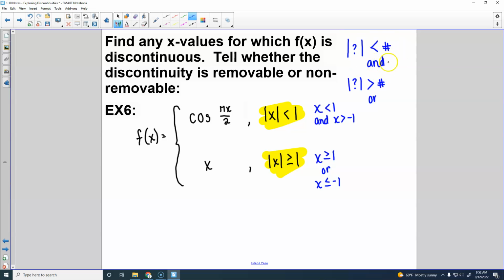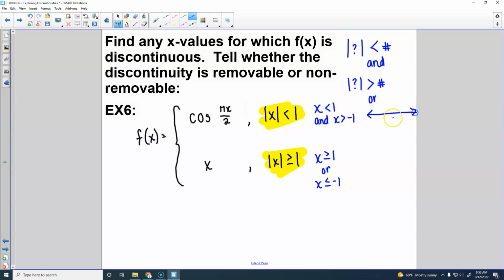When I used to teach these, I would say that less than sounds a little like "and." Greater sounds a little like it's got "or" in it, although it's spelled that way. So let's think about where these numbers are on a number line.